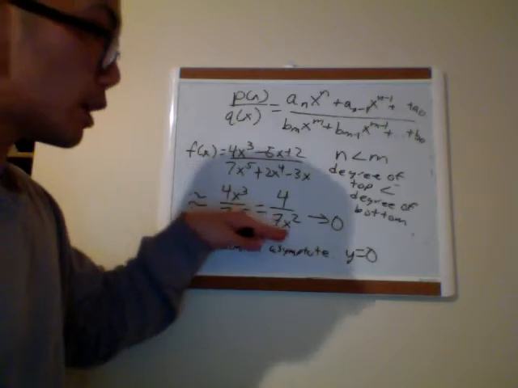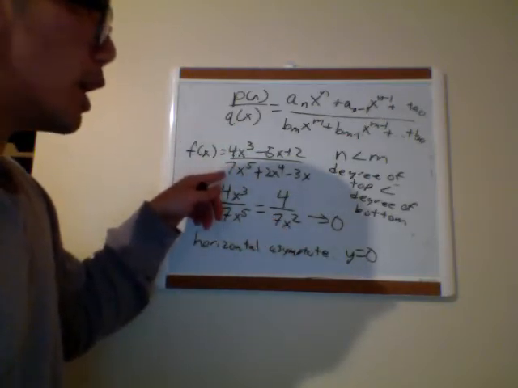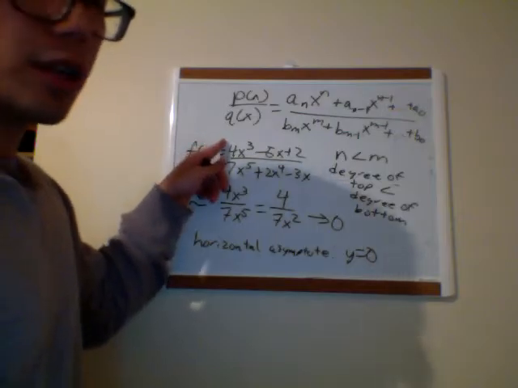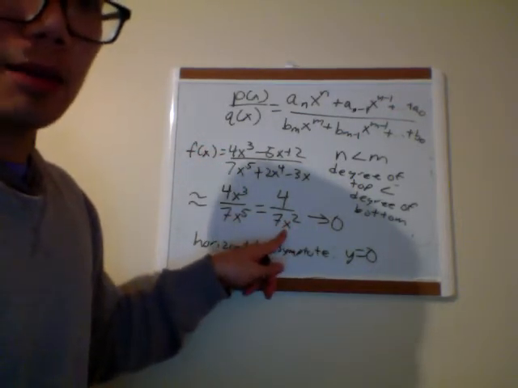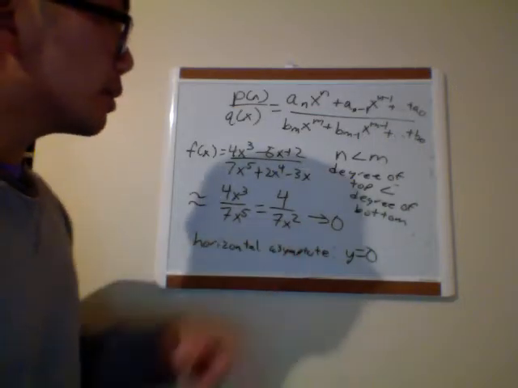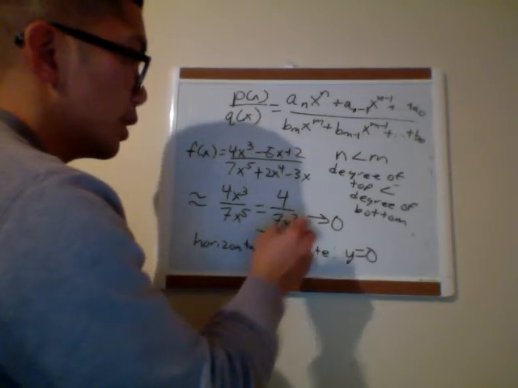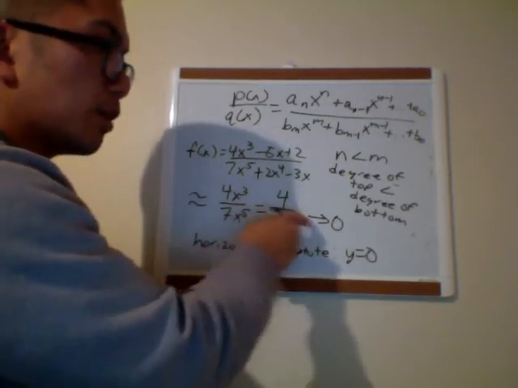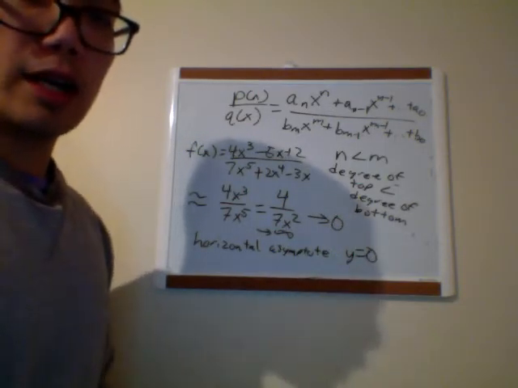It's because when the degree on top is less than the degree of the bottom, you'll always have an x in the denominator. And as we approach infinity, this is going to be really, really small, so that approaches 0. So my horizontal asymptote is y is equal to 0.